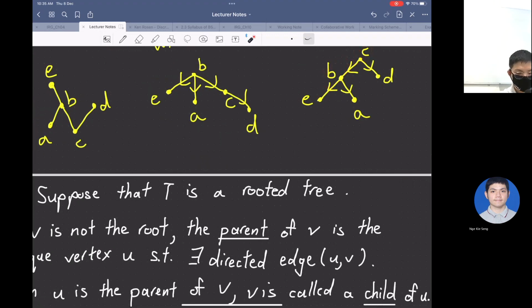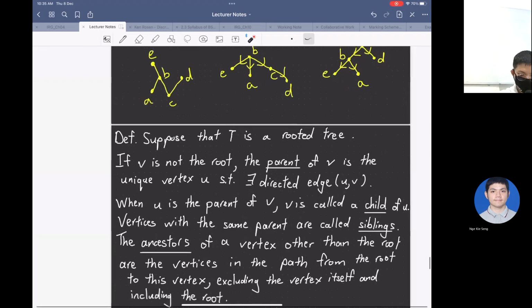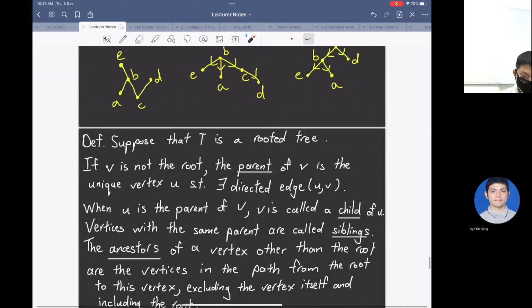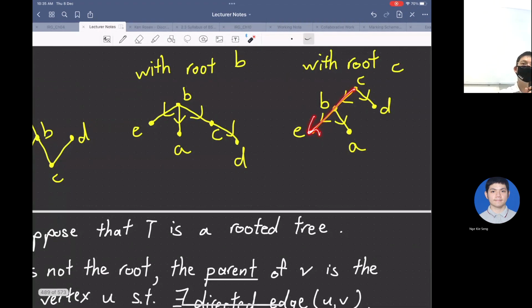So how do you explain it? It's the path from the root to E. All the vertices all the way from the root to E. Your parents are also ancestors, correct? Yeah, your parents are your ancestors.